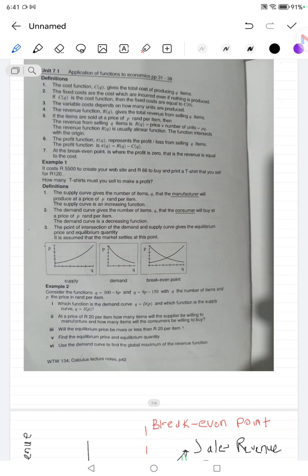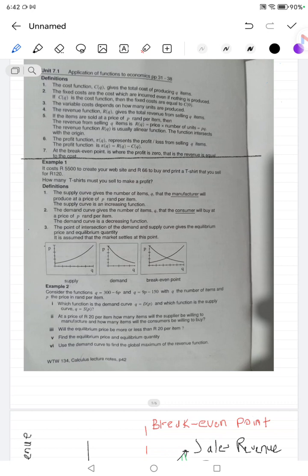So we're going to start with example 1. Each and every time we're doing this type of example, if they talk about stuff being sold and your cost, try to break this down and check, in terms of cost, can I say this is my fixed cost, or can I say this is my variable cost?